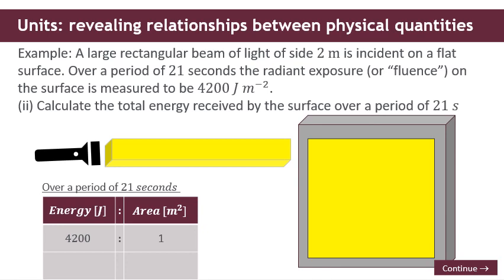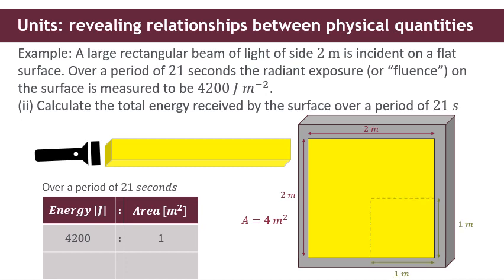And here, part 2, give it a go, and then click the continue button. Right, so we know that this rectangular beam of light is of side 2 meters, which means that the area of the beam is 4 square meters. Now from our ratio table, where we entered the information of the fluence, we know that 4,200 joules of light energy is transmitted to each 1 square meter over a period of 21 seconds.